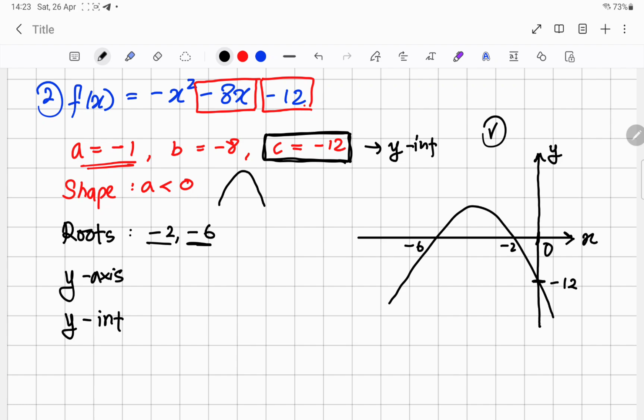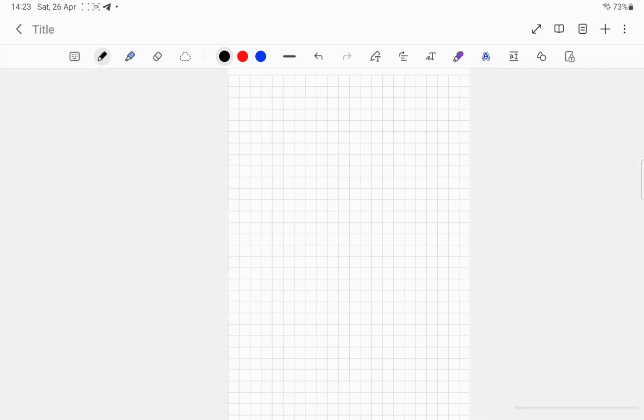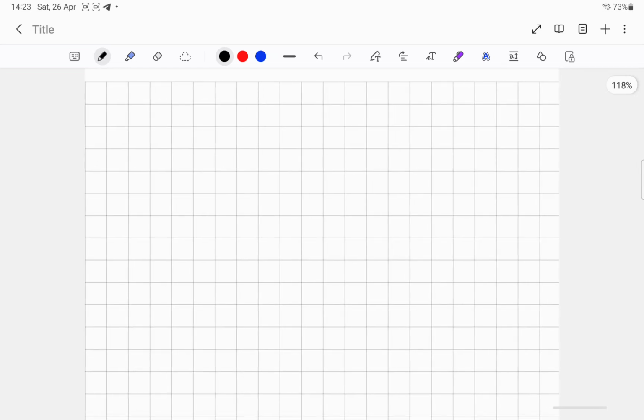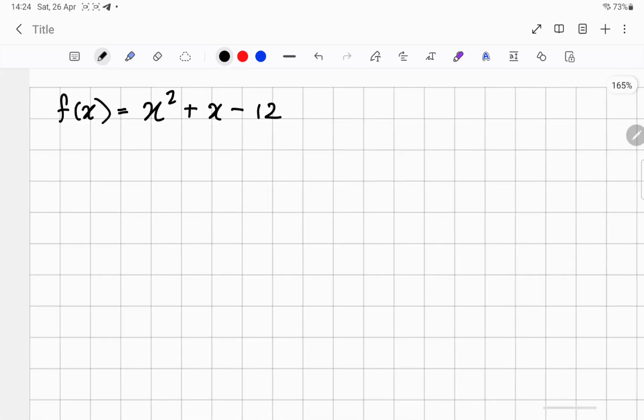Alright, let me give you another example. Now we want to draw f(x) equals x squared plus x minus 12. This is the quadratic function, and you need to draw it.